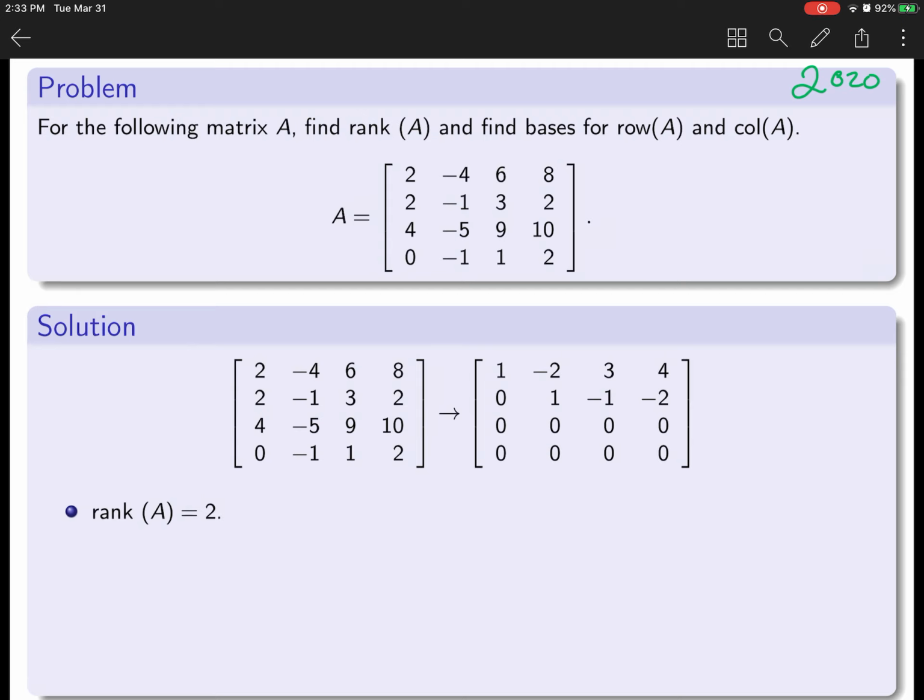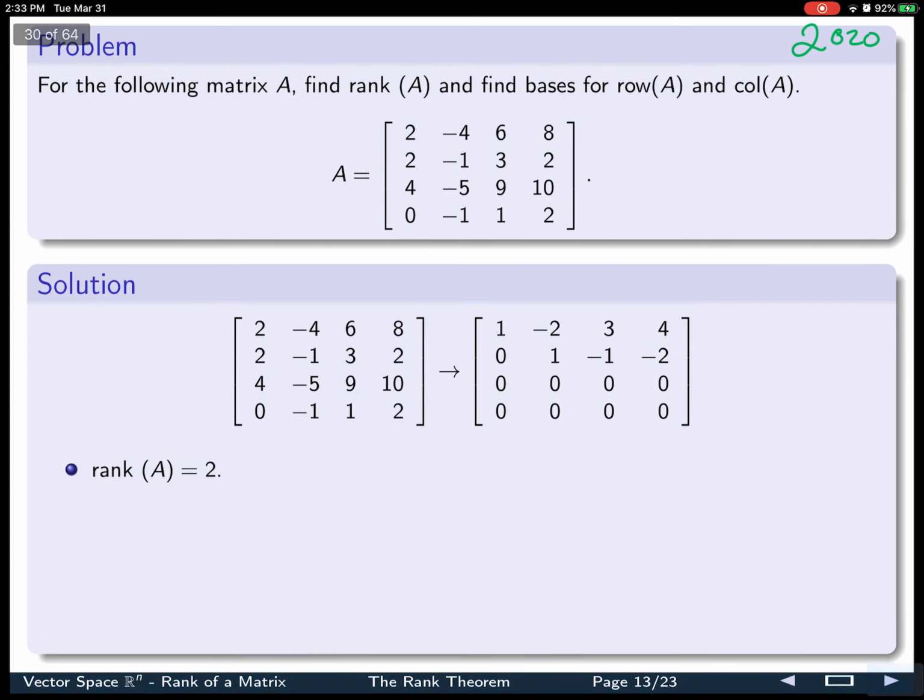Now, practically, it looks very similar. We could do some row operations on this matrix and get down here to its echelon form. We see that it has a rank of 2.